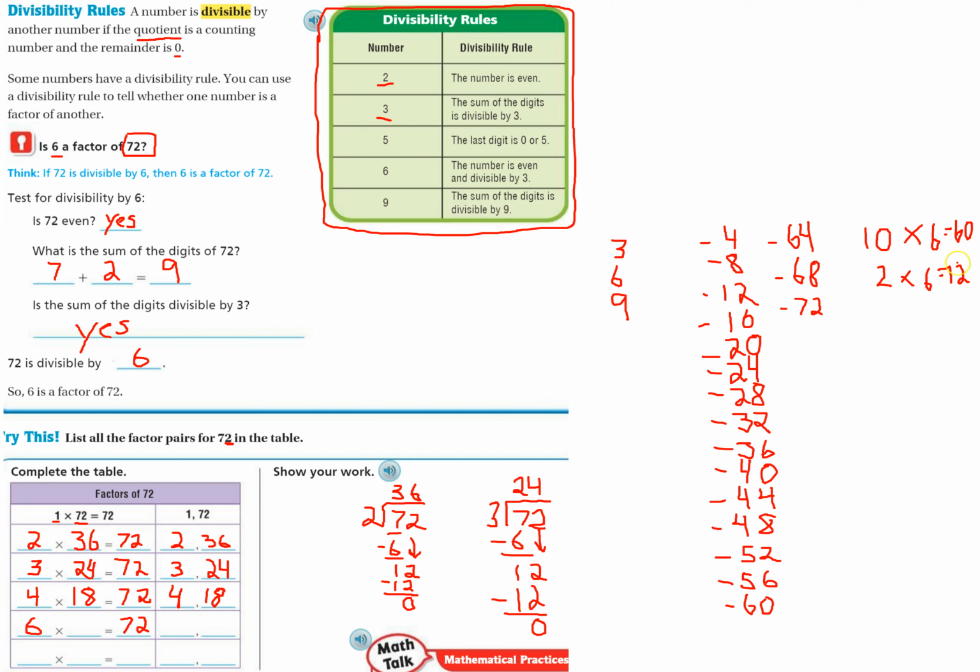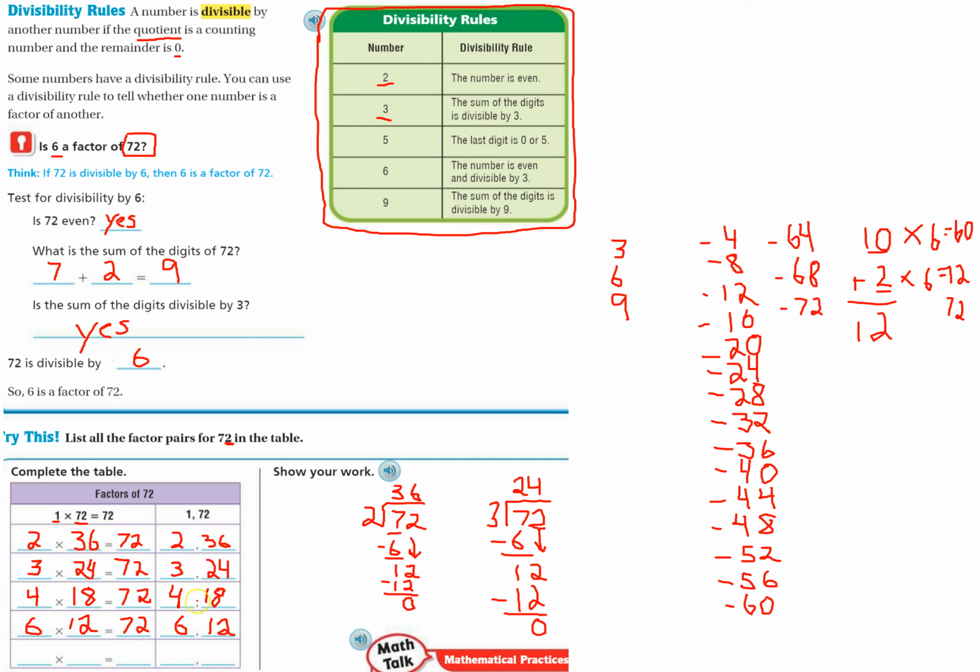And that would mean I'm up to 72, because 60 plus 12 is 72. I used 10 and then 2 6s, so I used a total of 12 6s. So 6 times 12, and if you know your 12s, then that was even easier for you, right? You were like, Mr. Music, I already know this. And my factors, if I'm listing them, are 6 and 12.